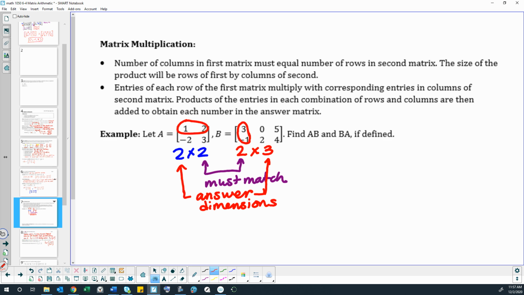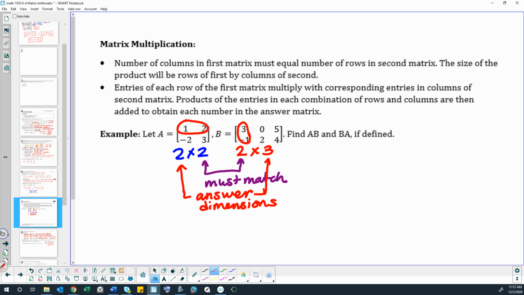Remember when we were adding matrices, the order didn't matter because we're just adding corresponding entries. But now, with rows from the first matrix and columns from the second, do you think order matters? Yes, and in fact, if you are able to multiply A and B together and then B times A, you will likely get different answers for each one.